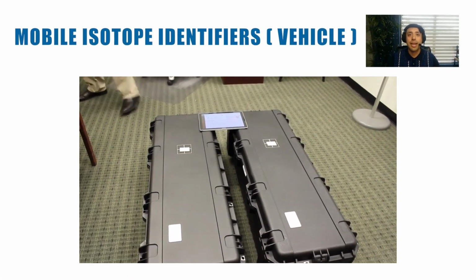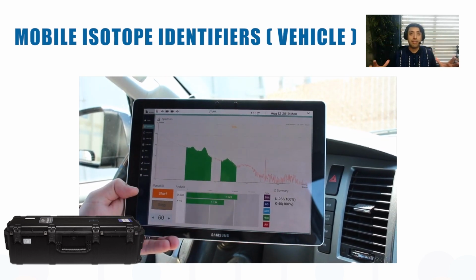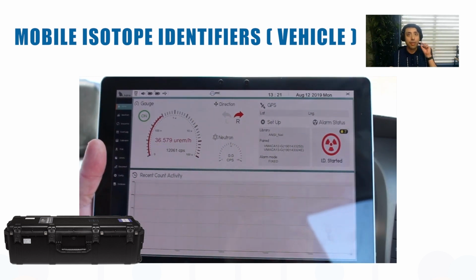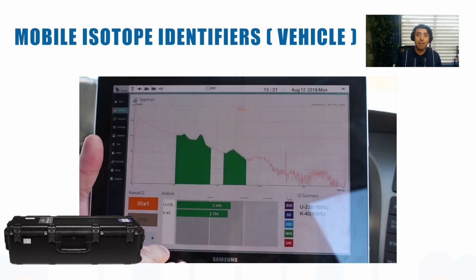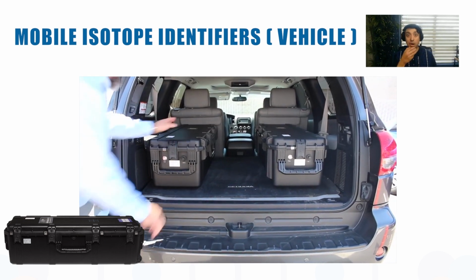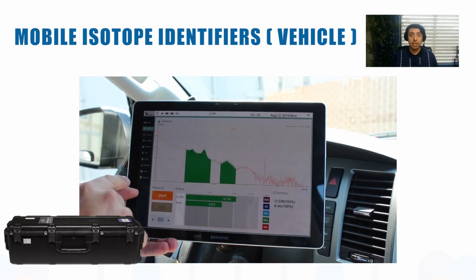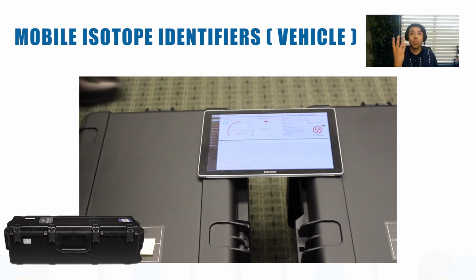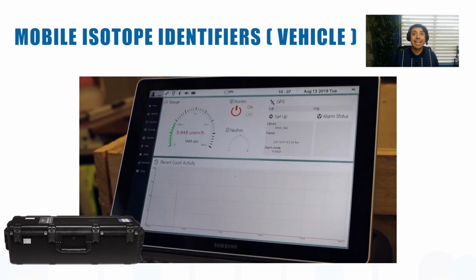Transitioning to our following slide, we explore the dynamic role of mobile isotope identifiers for vehicles, where technology meets mobility at a grand scale. These sophisticated systems are integrated into vehicles or drones, extending the reach of isotope identification capabilities far beyond what handhelds or backpacks have ever been able to achieve. This integration not only enhances mobility, but also operational range, opening up new possibilities for monitoring and identifying.